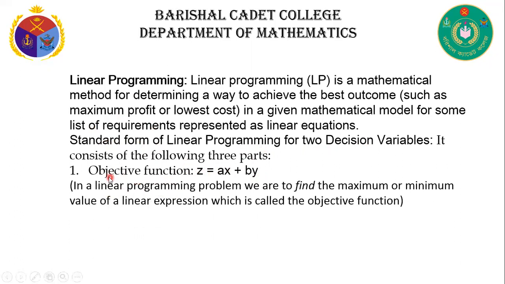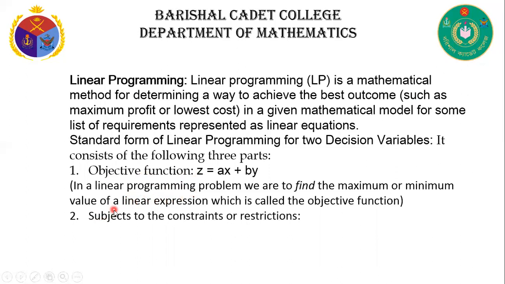Here, objective function means in a linear programming problem, we are to find the maximum or minimum value of a linear expression, which is called the objective function. Remember these things carefully. That means Z is the objective function.